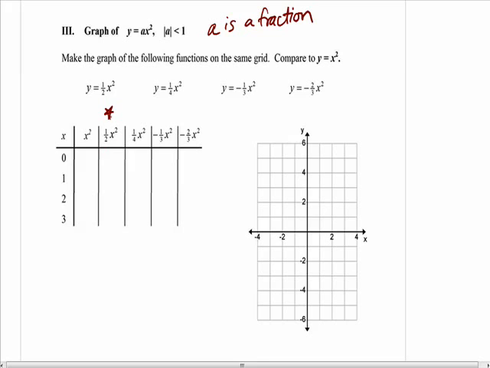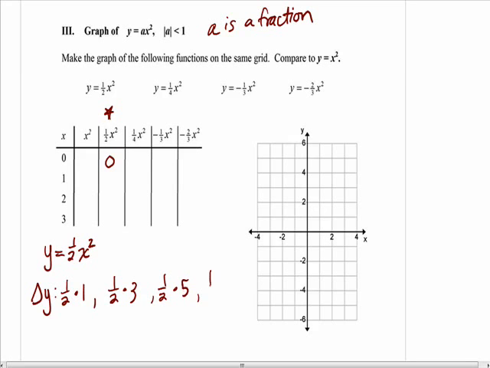Let's start with 1/2 x squared. We know, because of the parent function, that our vertex is going to be at 0, 0. So for this function, let's go ahead and calculate the delta y pattern. Okay? So delta y would be 1/2 times 1, 1/2 times 3, 1/2 times 5, 1/2 times 7.